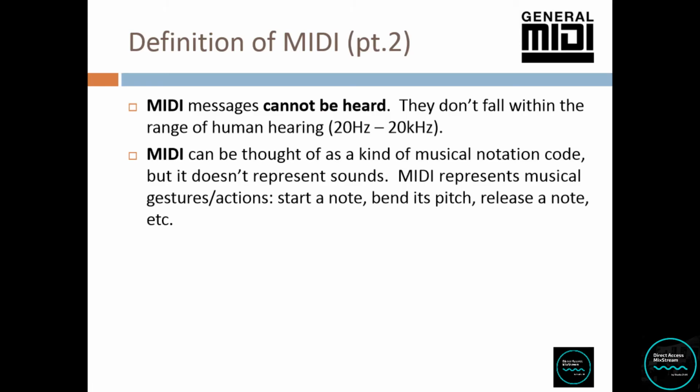It represents musical gestures. It represents actions. It's a set of instructions. These instructions, these gestures, tell whatever device to start a note, play this note, bend the pitch, by how much, release the note.